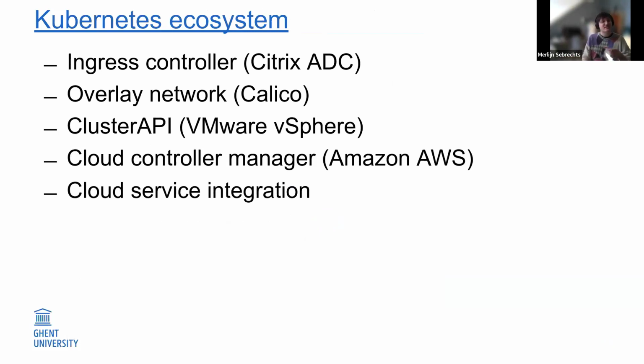Provisioning virtual machines in VMware vSphere and deploying Kubernetes clusters on top of those virtual machines. This is also something you can do using Kubernetes. Same with, I gave the example of AWS infrastructure. Every single piece of AWS infrastructure you can request using Kubernetes controllers. Same with cloud service integration.